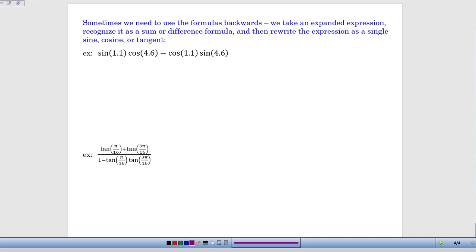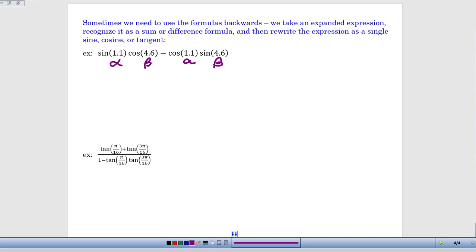So sometimes we're given these expanded expressions, as we can see here, and we're asked to work backwards, essentially. So we've got this sine of 1.1 radians times the cosine of 4.6 minus the cosine of 1.1 radians times the sine of 4.6. And so hopefully we can recognize this if we think of these as our alpha and betas.